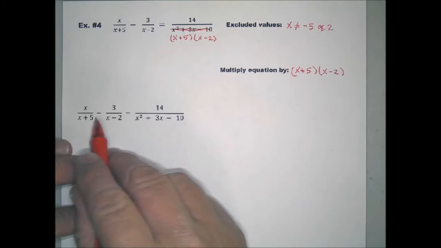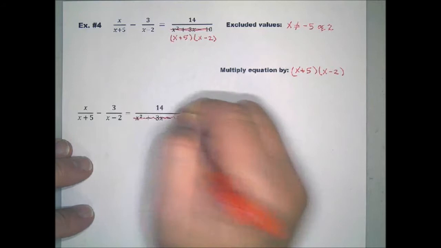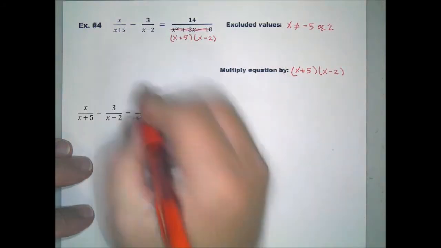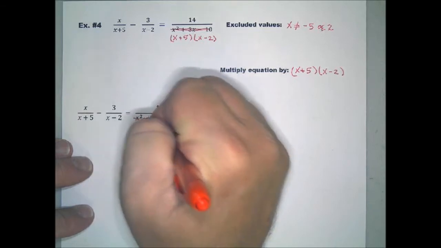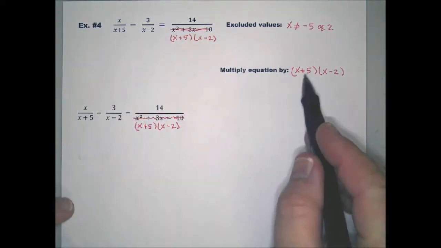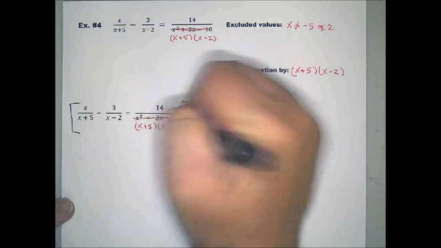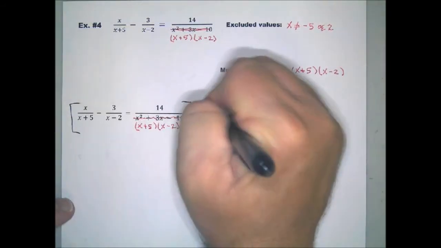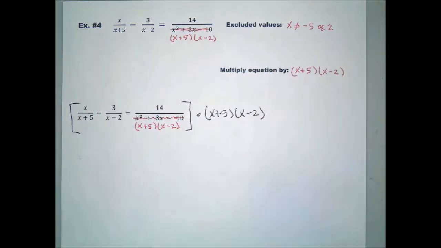Down here, I rewrote the problem again. I'm going to do what I did up here. I'm going to cross out the denominator in its unfactored form, and I'm going to write it in its factored form. That'll make it a little bit easier to see why multiplying the entire equation by x plus 5 times x minus 2 is going to very conveniently clear all the fractions.